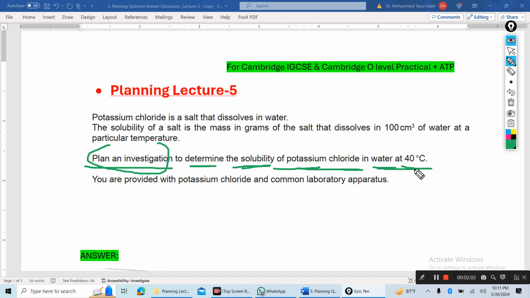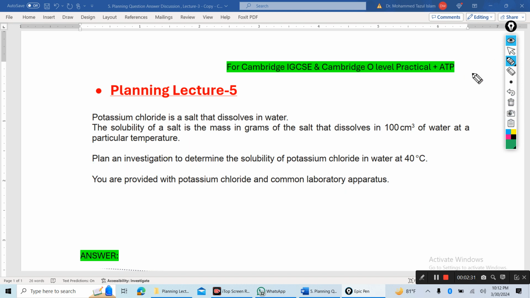Means at 40 degrees centigrade, how many gram of potassium chloride dissolve in water. You have to find out the mass of potassium chloride at 40 degrees centigrade temperature. You are provided with potassium chloride and common laboratory apparatus.